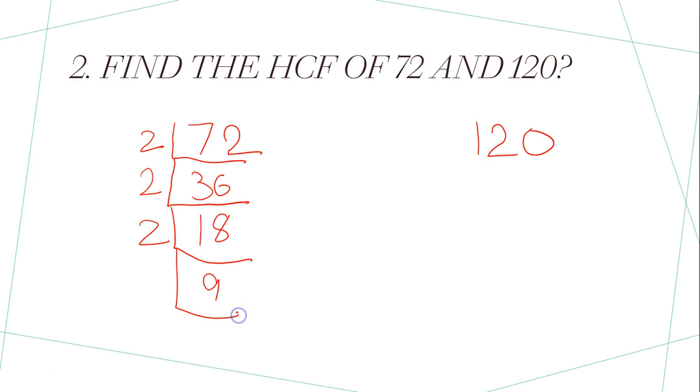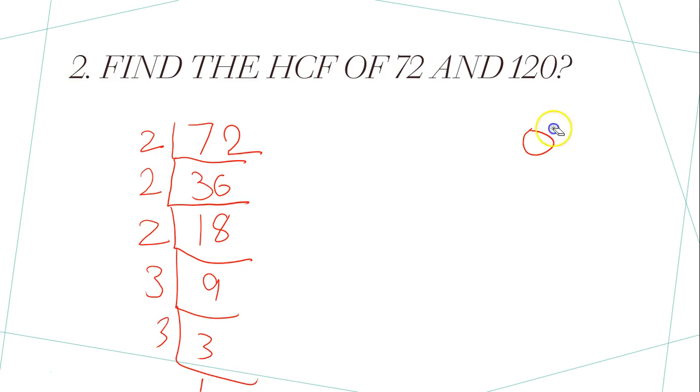Now we can't do 2 here. Well, we can, but that would give us a decimal, which we want to avoid. So I would do 3, because 3 is the next number after 2, and 9 divided by 3 is 3. Then another 3, and we have 1 here.